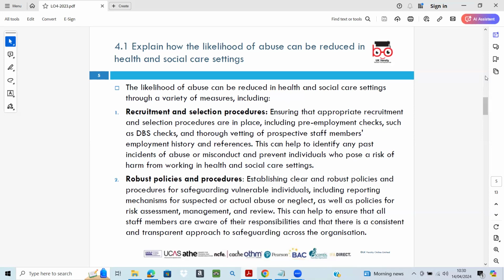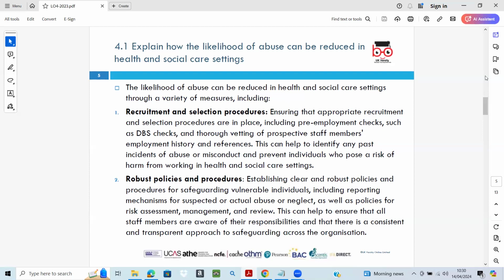Now, we have discussed regular audits and reviews. So, what do regular audits and reviews do? These help ensure that all safeguarding measures are working as intended and allow for the adjustment of strategies as necessary.